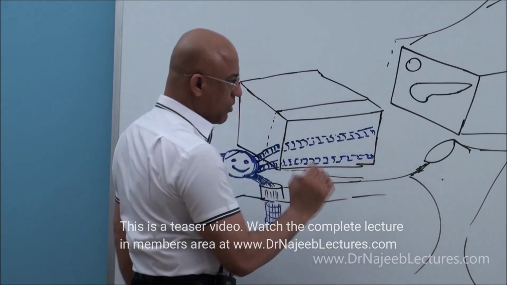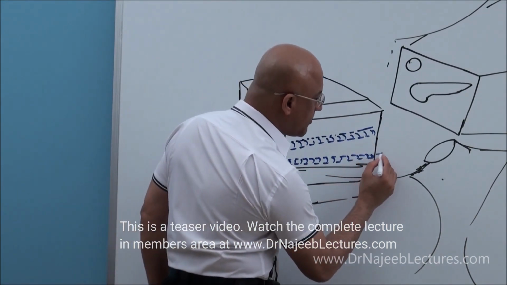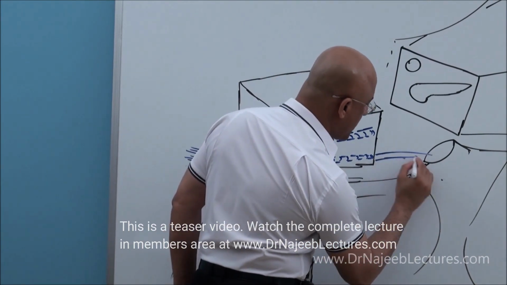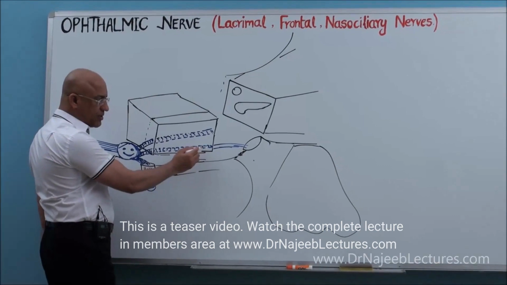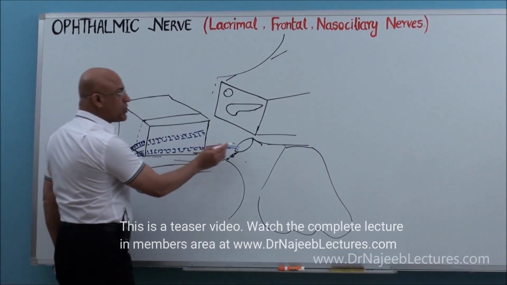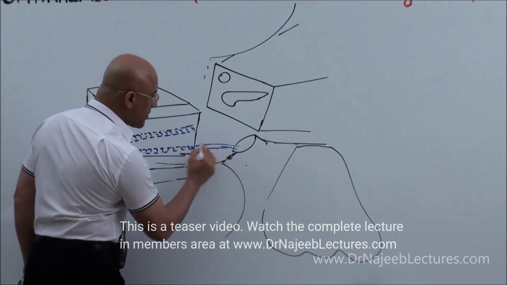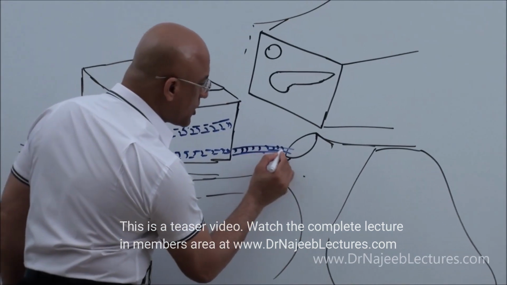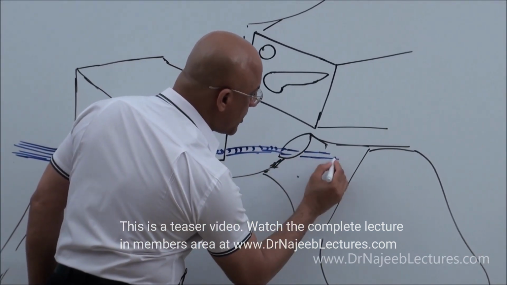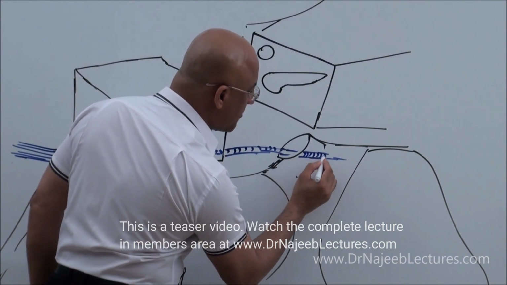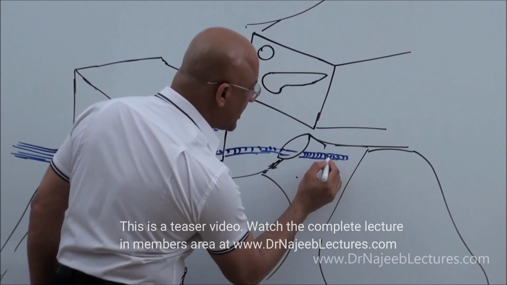I will come later to the ophthalmic. The maxillary nerve, when it emerges from the anterior aspect of the cavernous sinus, jumps through the foramen rotundum and goes into the pterygopalatine fossa, not the infratemporal fossa.